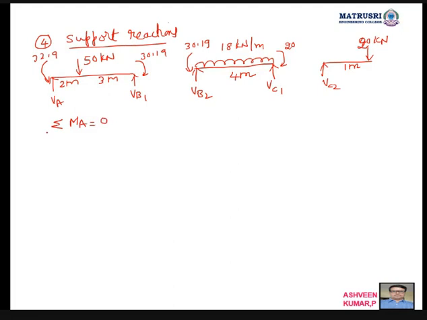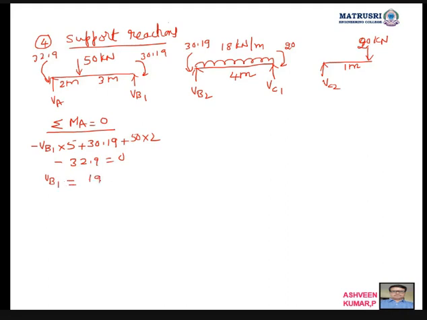Sigma MA is equal to 0: minus VB1 into 5 plus 30.19, then plus 50 into 2, clockwise, anti-clockwise, this minus 32.9 anti-clockwise. Then we'll get the value of VB1.